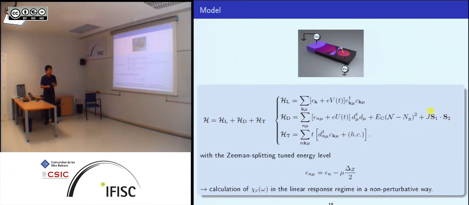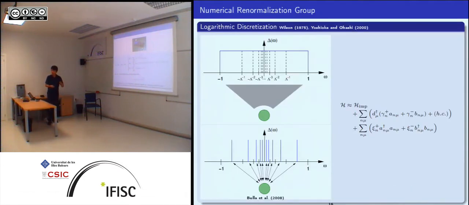And this quantum dot has the Coulomb interaction, and in the latter part, we will introduce the spin exchange interaction. And we also apply the magnetic field to induce the Zeeman splitting into the system. What we calculate is the charge susceptibility of the quantum dot. And by using this, we can calculate the mesoscopic capacitance and the resistance.